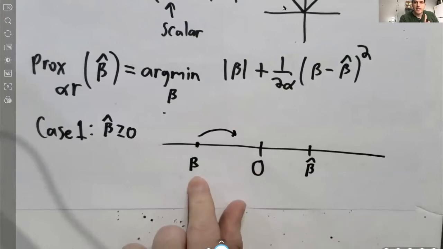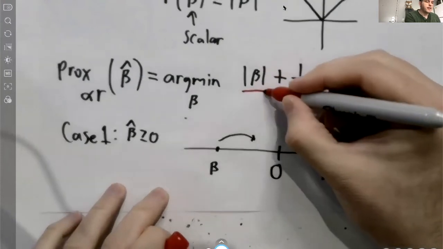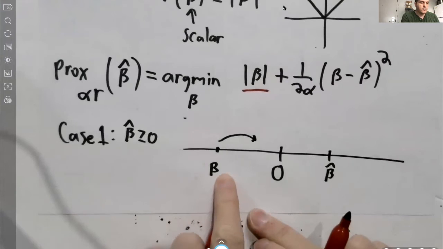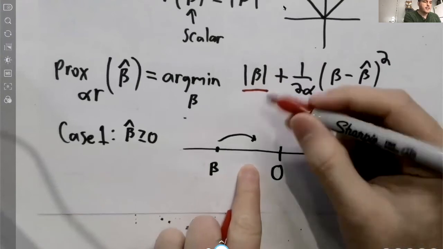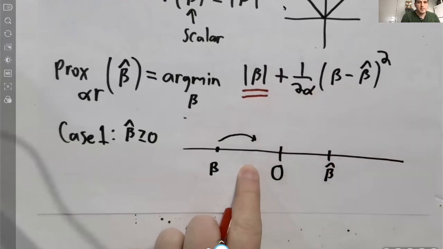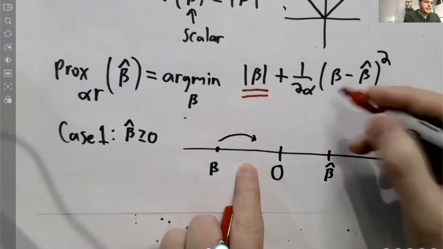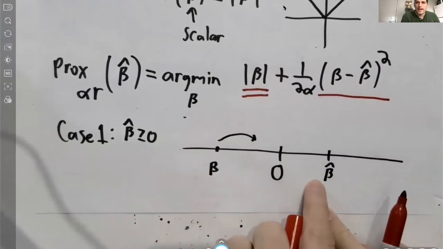Why is it strictly better? Because certainly this term gets smaller. If you start with this value of beta and then you move to the right a little bit, we're getting closer to the origin. So this term is certainly getting smaller. But also, as we move to the right, this term is getting smaller too, because we're moving closer to beta hat.